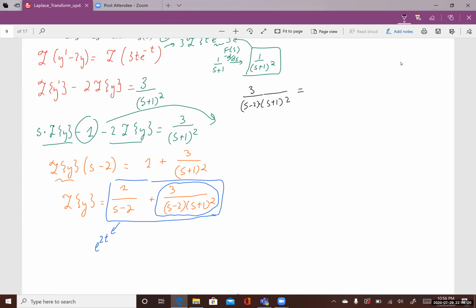So you're going to break it down into 3 different terms. The first term is s minus 2. The second term is s plus 1. And the last term is s plus 1 squared. Okay, because you have only a constant in the numerator, all the numerators of these terms are also constants.